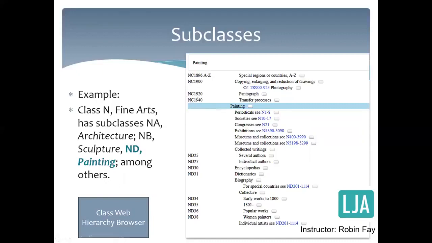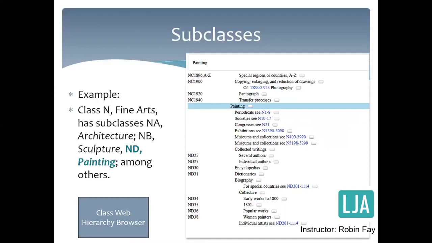So when you are looking in the ClassWeb browser and you see a number, and then down below you see that it skips to the next subclass, you would know that this one sticks out more than everything else in this list. That is a clue to us that it is actually the subclass header.